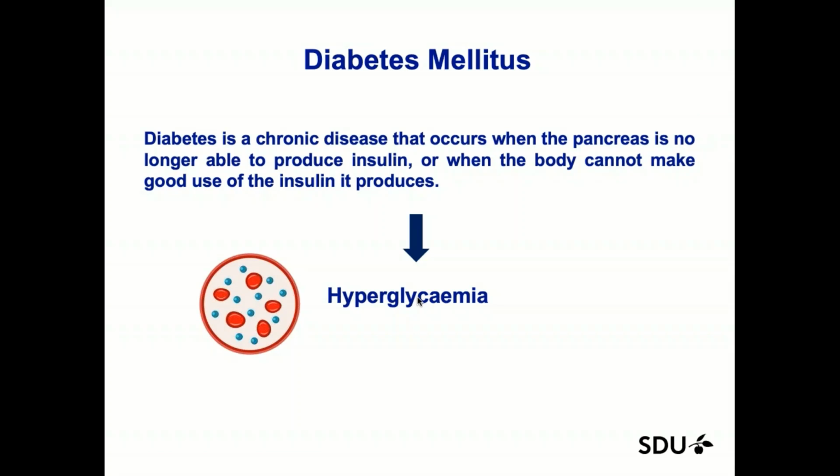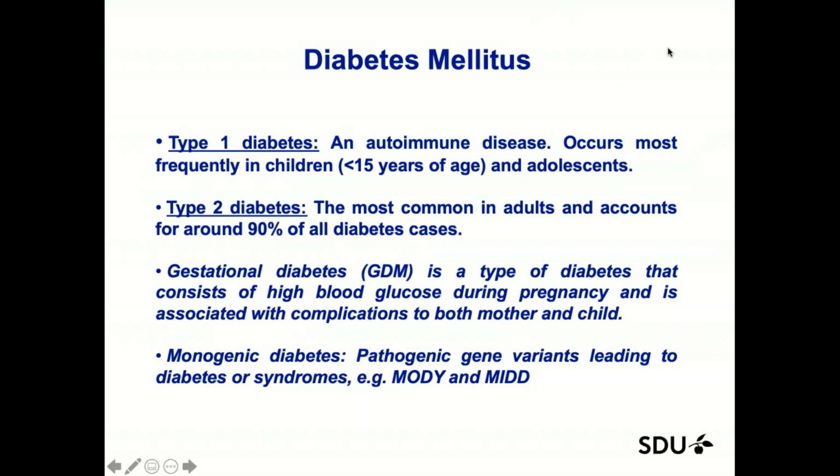Diabetes is a chronic disease that occurs when the pancreas is no longer able to produce insulin, or when the body cannot make good use of the insulin it produces. It is characterized by a high level of glucose in the blood, which is also called hyperglycemia. There are mainly two forms of diabetes, type 1 diabetes and type 2 diabetes.